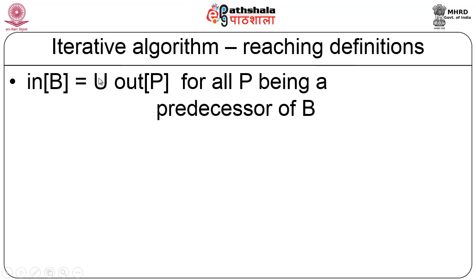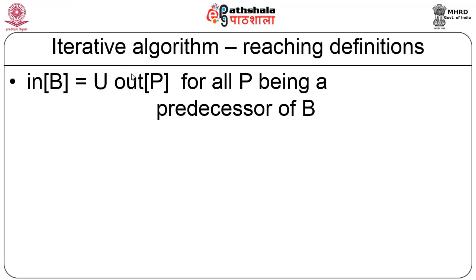Now, your assumption is in of a particular block is computed as union of the out of all its predecessor blocks. Something will come in, for example, block B1 is there, block B2 is there, B1 will have an input to B2 definitely.